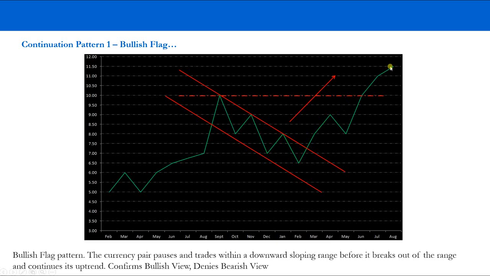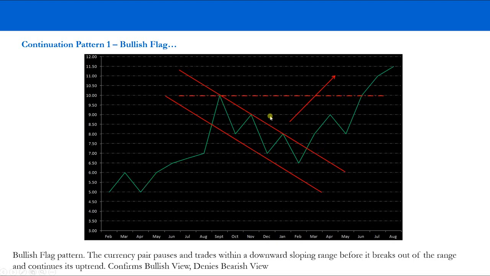That's why it's called a continuation pattern. These are also very common in currency markets. And the two things you need to be looking for here is the channel that it's put in and the breakout of the channel, but also the high of the channel itself. So this is the dashed line.